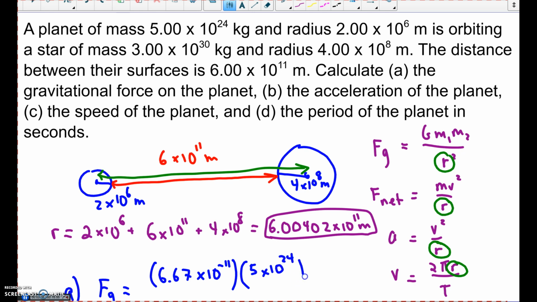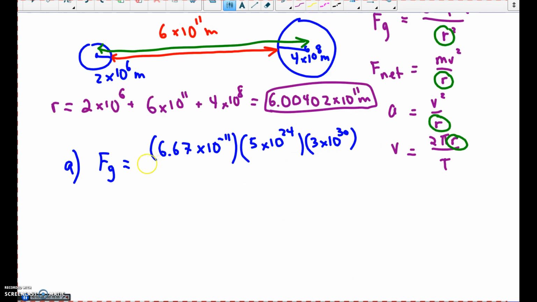That's the planet. The second mass is 3 times 10 to the 30. And I divide by the distance between their centers squared, and that's the value I already found, 6.00402 times 10 to the 11 squared.